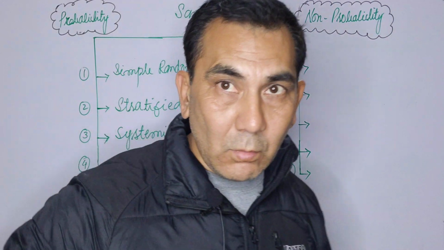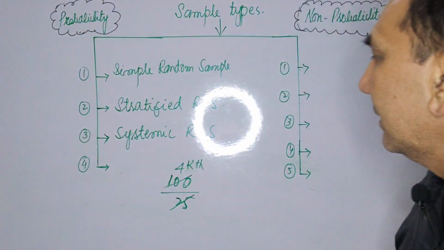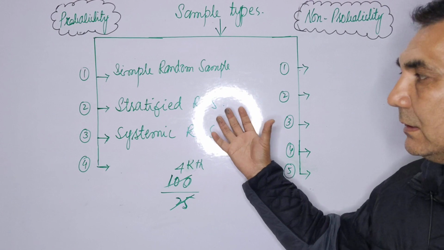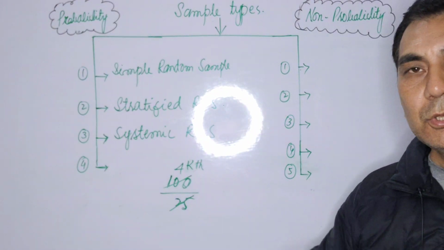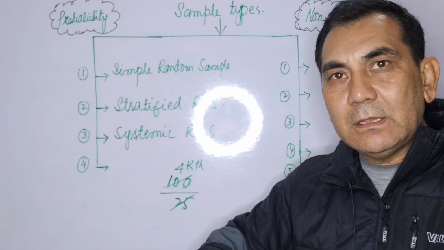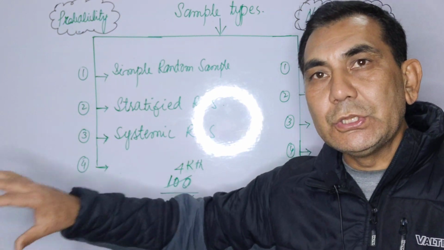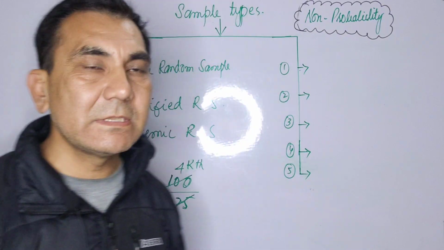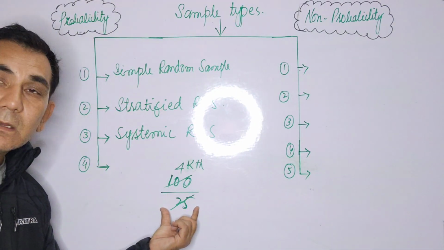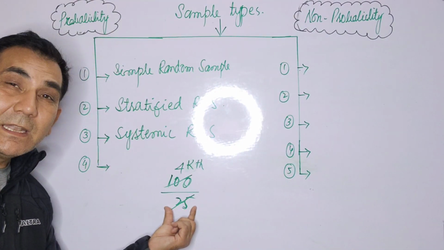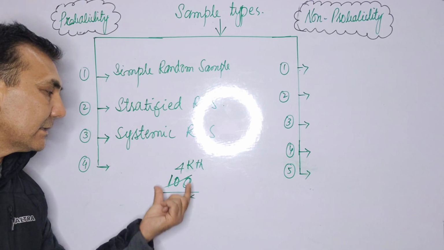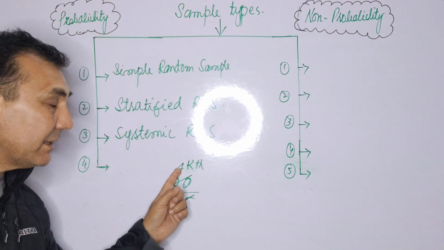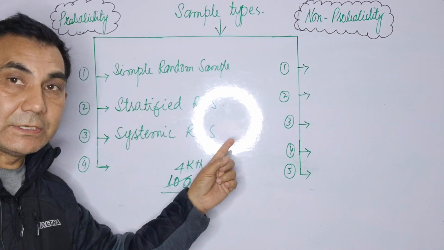Now what do we do in the procedure? In stratified sampling, before selecting the 100 sample size, the researcher divides the population into homogeneous groups. Now in systematic sampling, when the researcher wants to select 25 from among 100 students, he selects every kth student.